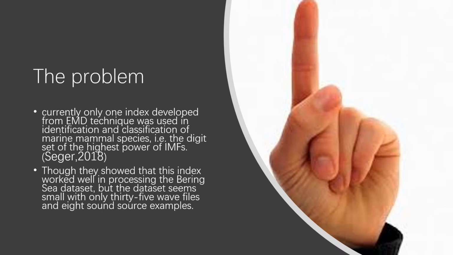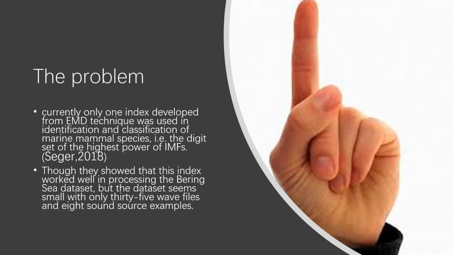So what's the problem? The problem is that currently there is only one index developed from the EMD technique that is used in identifying and classifying marine mammal species. We know that this index is the digit set of the highest power IMFs.